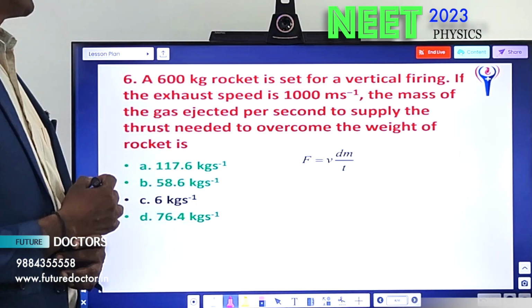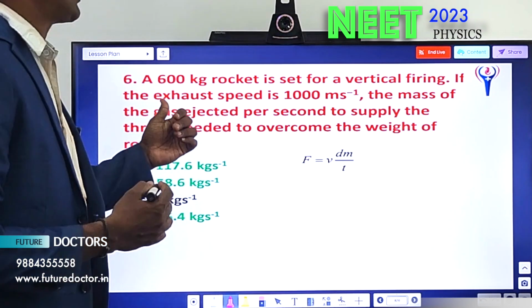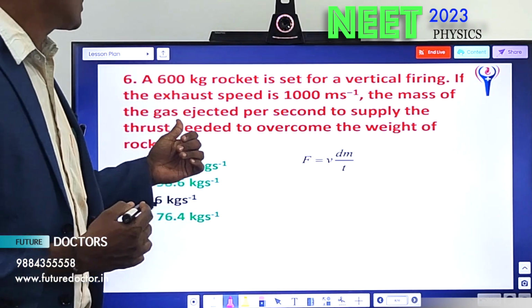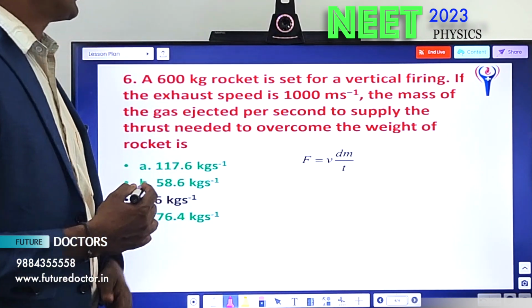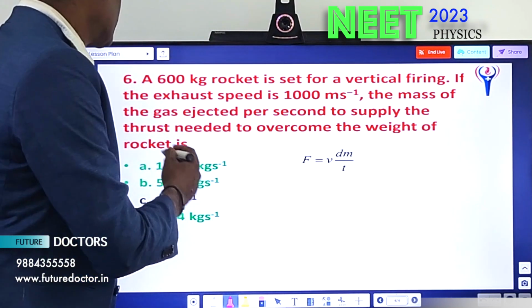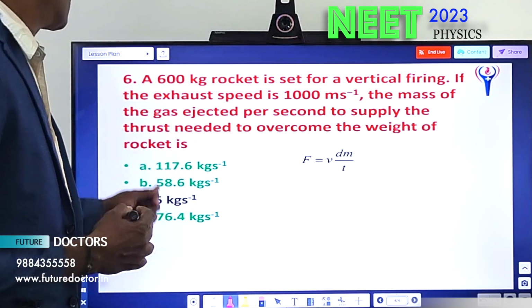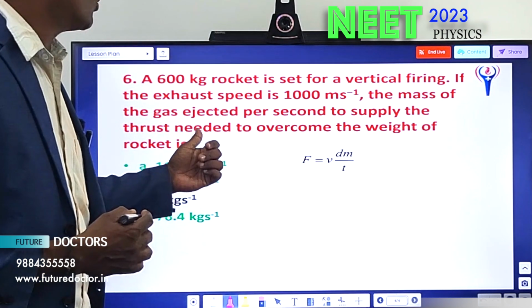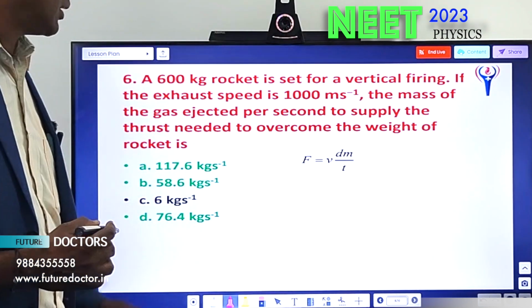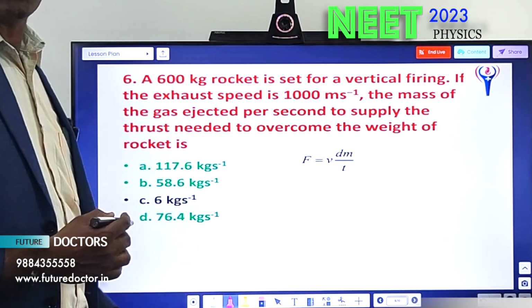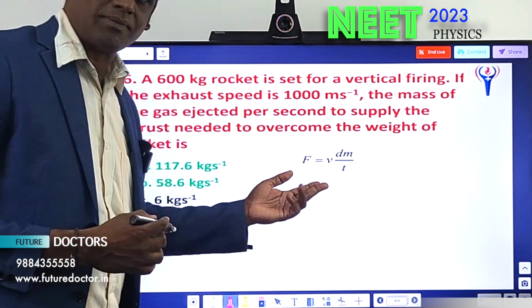A 600 kilogram rocket is set for a vertical firing. If the exhaust speed is 1000 meter per second, the mass of the gas ejected per second to supply the thrust needed to overcome the weight of rocket is dash. This is also the same Newton's second law, and here velocity is maintained constant.